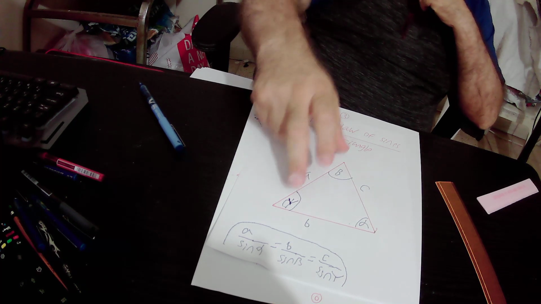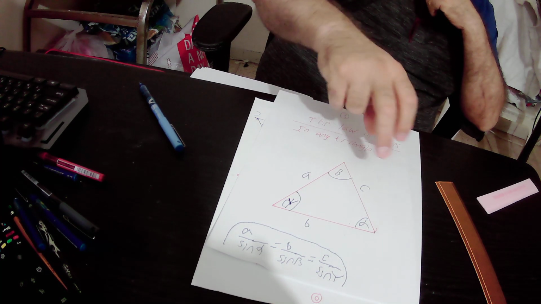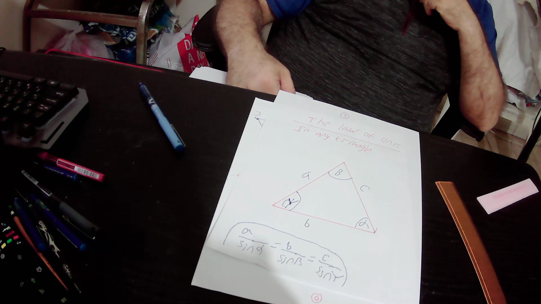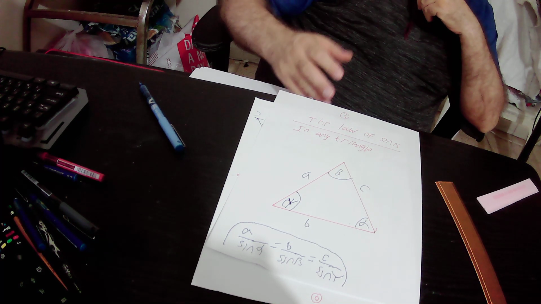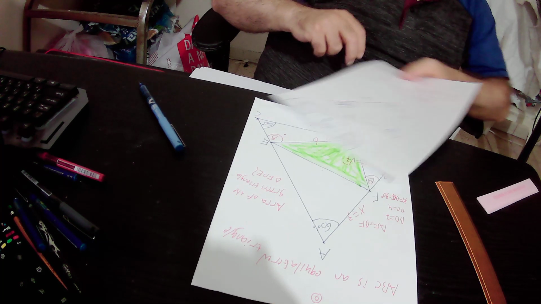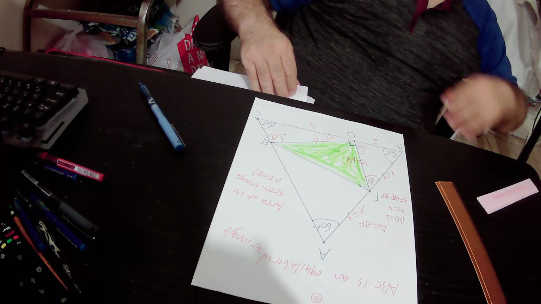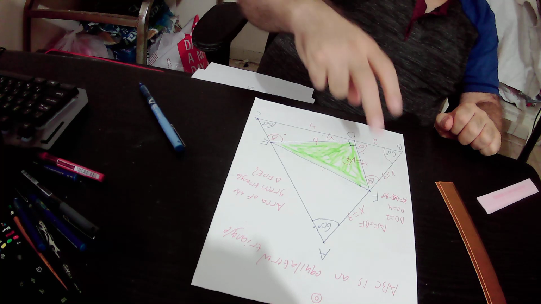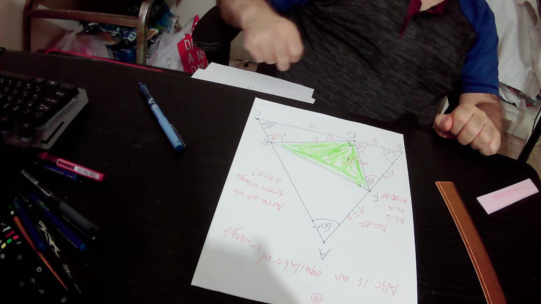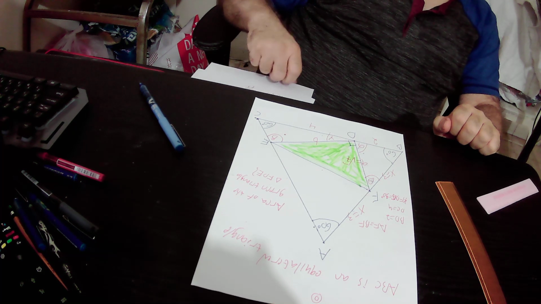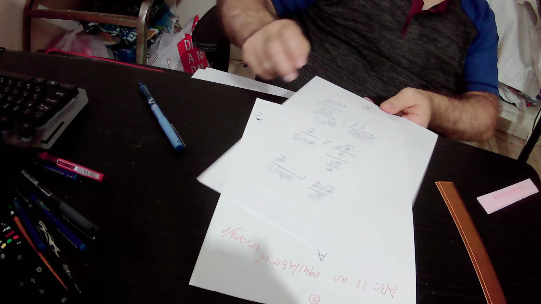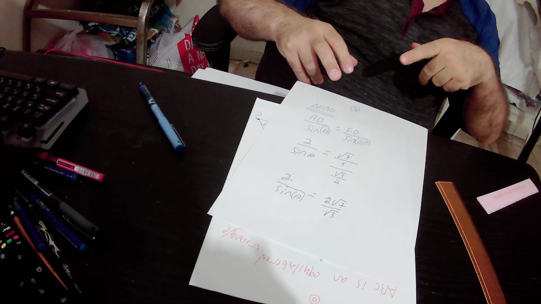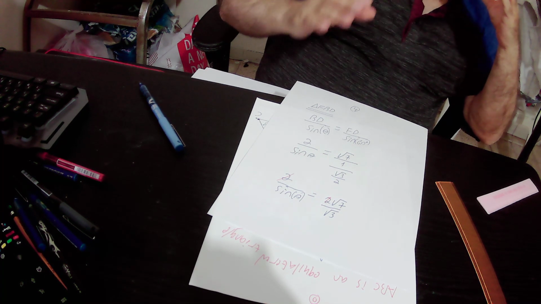In any triangle, A over sine alpha equals B over sine beta equals C over sine gamma. So according to the law of sines in triangle FBD, BD over sine theta equals FD over sine 60 degrees.